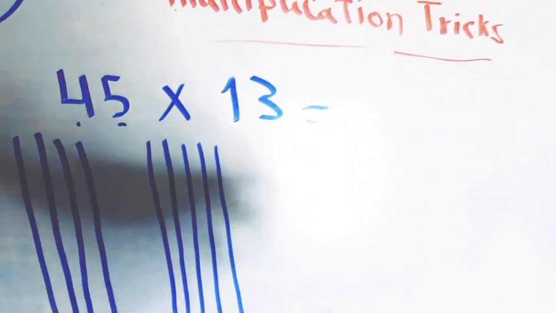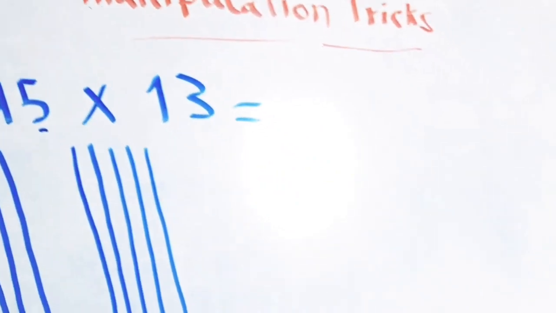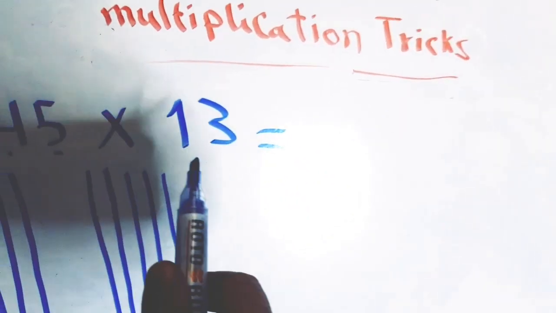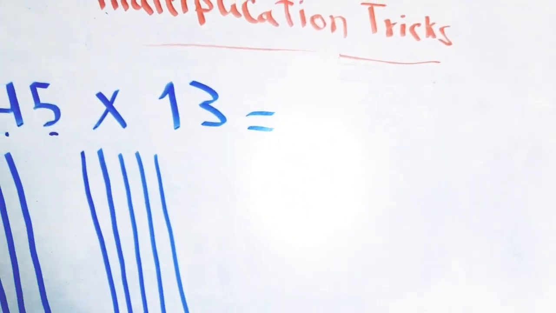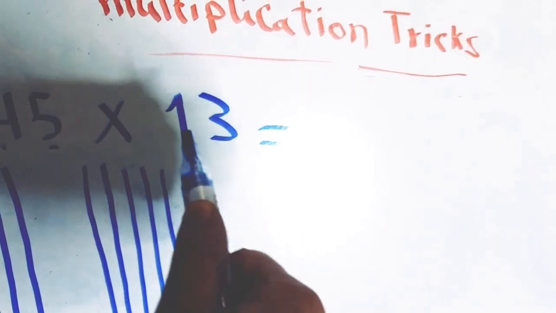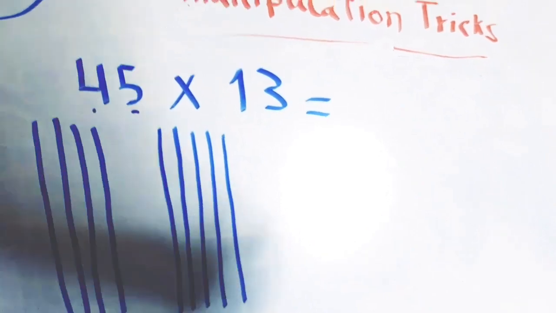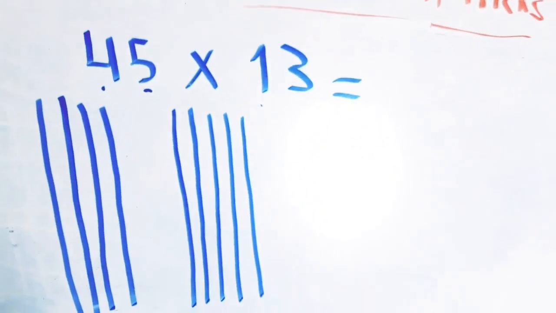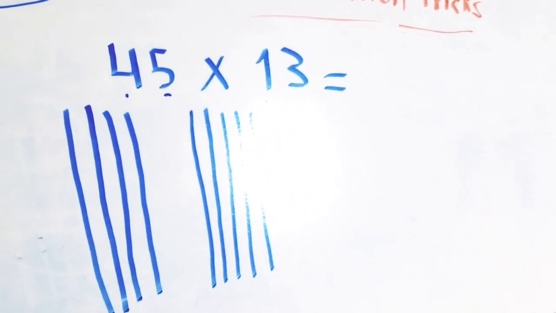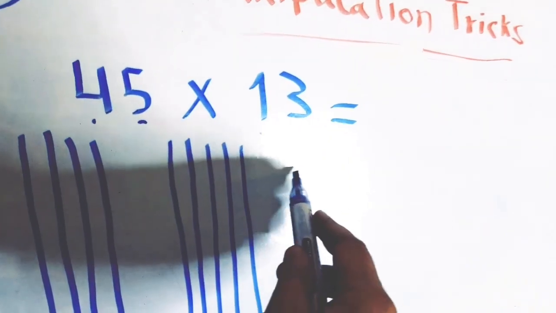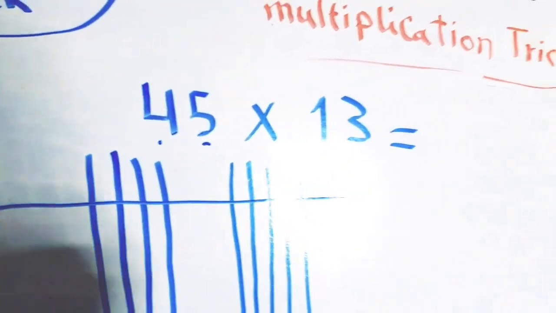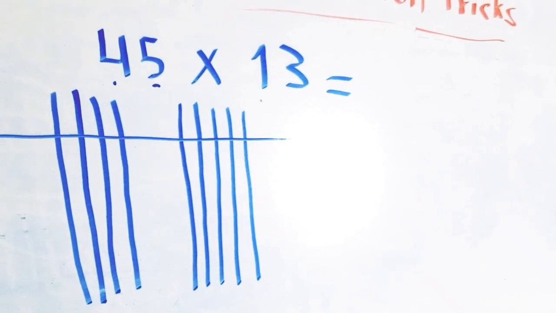Okay. Now we must go to the second number, which is 13. We look at it digit by digit from the left side to the right side. We look at the first digit, which is 1, and draw one horizontal line representing the digit 1.